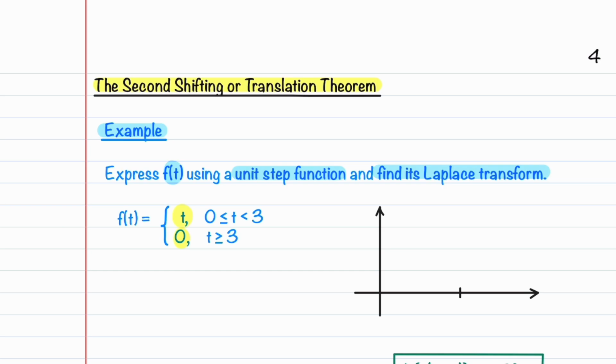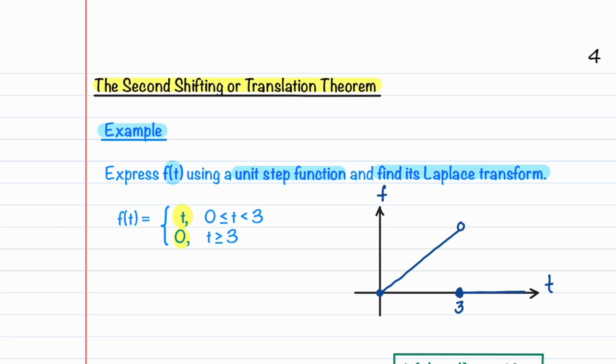Let's graph our function. We'll put f here, and we'll put t here, and we'll let this point be equal to 3. Our function is going to be equal to t between 0 and 3. So we'll put an open circle here at 3, we'll put a closed circle at 0, and a line in between. And then at 3, we'll put a closed circle, and it's equal to 0.